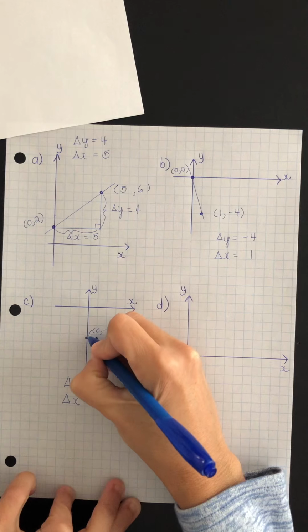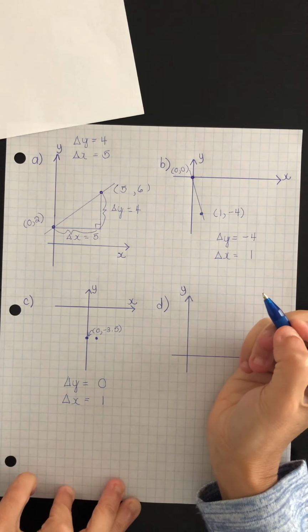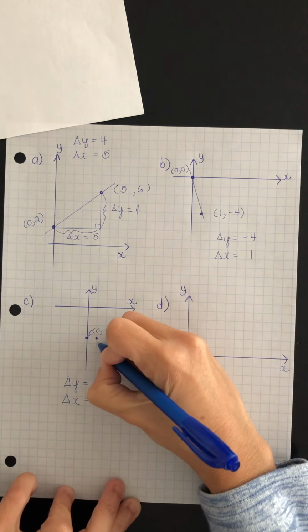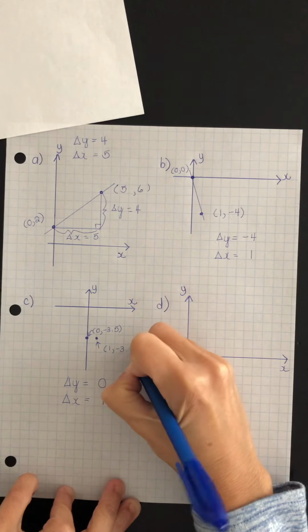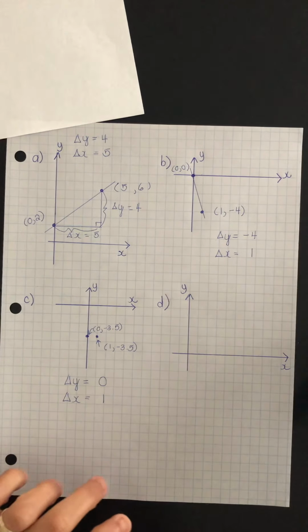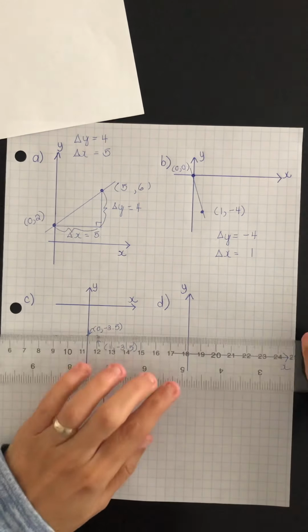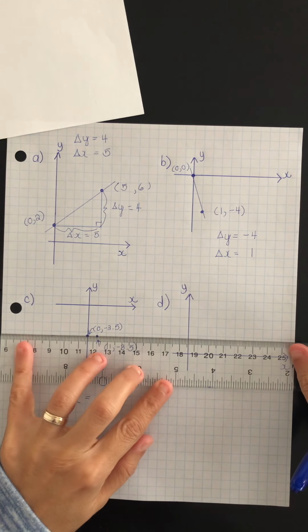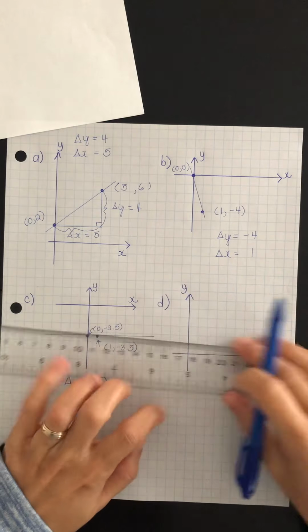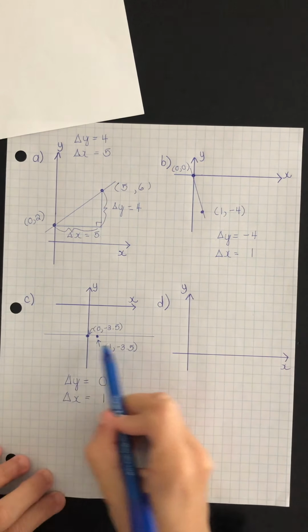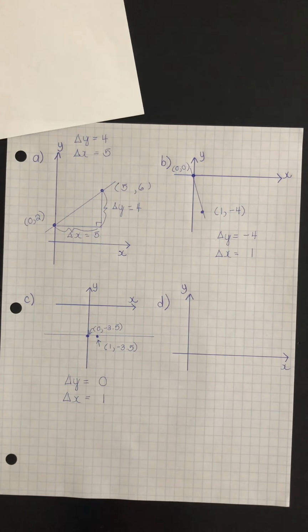And if this point here was (0, -3.5), this one right here would be (1, -3.5). Okay, I think you probably realize that what we're going to be drawing is a horizontal line. Okay, the horizontal line is the line with slope equal to 0.